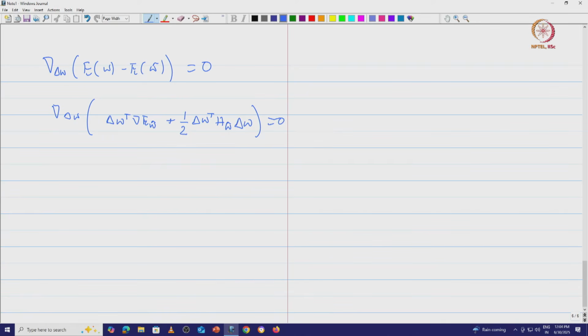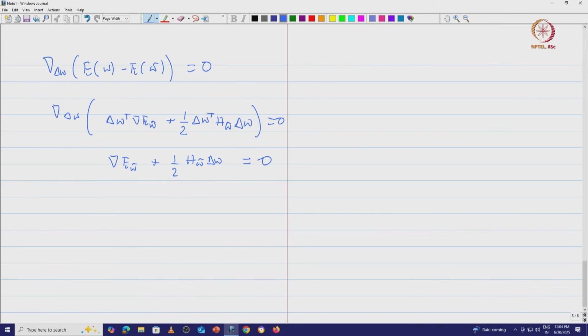The first term just becomes the gradient of E omega hat because that is a constant. The second term becomes the Hessian operated on delta omega, and this is equal to 0.